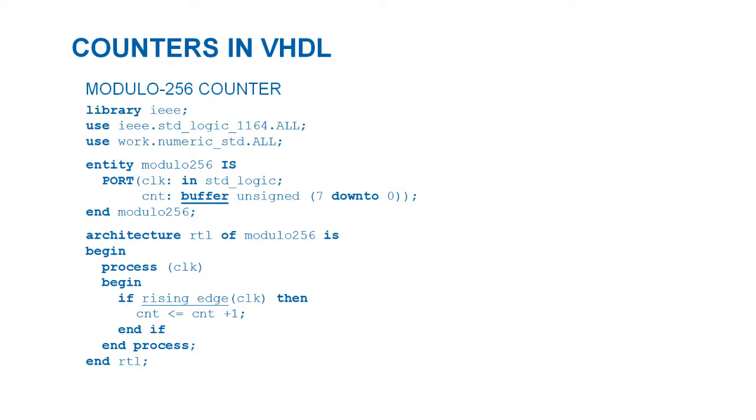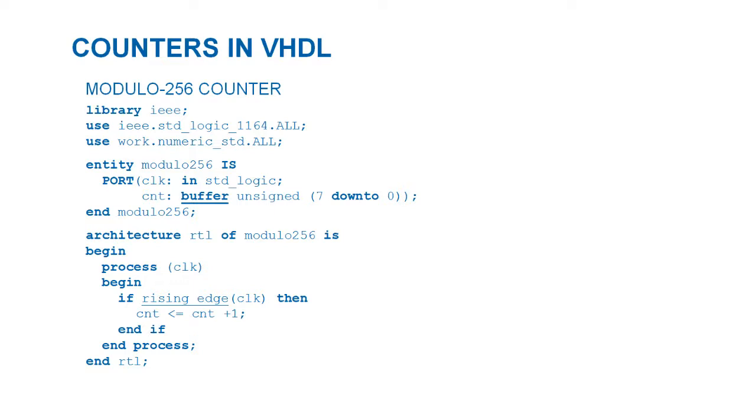If you have the intention of implementing this, then you might have an implementation that looks like this, in which case you have the library IEEE, and then the standard logic 1164 package, and also the package for numerics, arithmetic. After making references to these packages, you can start by declaring your own entity and implementing an architecture to do this.